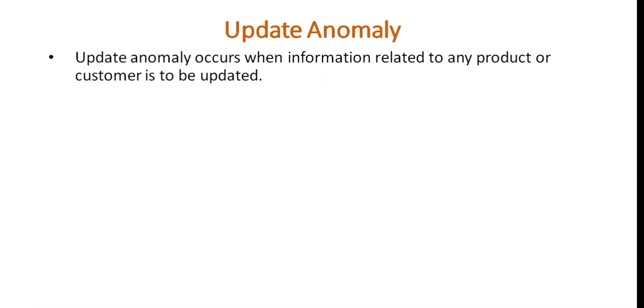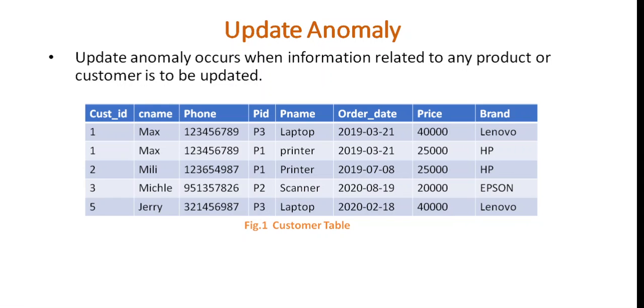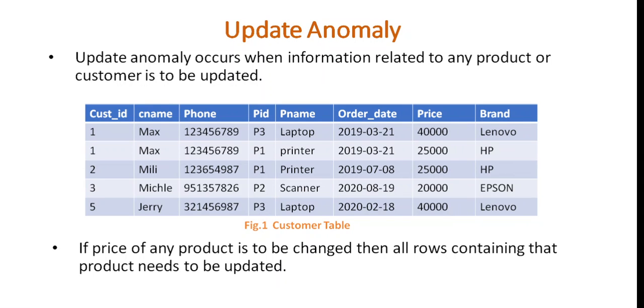Now the next problem is update anomaly. Update anomaly occurs when information related to any product or customer is to be updated in our table. If I want to increase the price of product P1, and P1 is ordered by two customers here, or suppose 50 customers have ordered product P1, then I need to update the price of P1 in 50 rows.